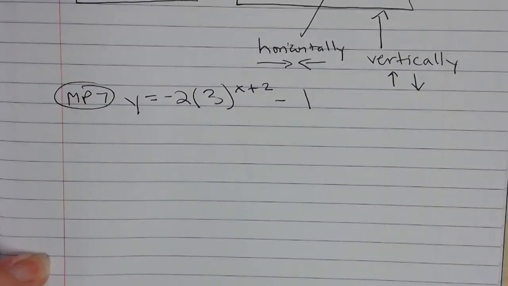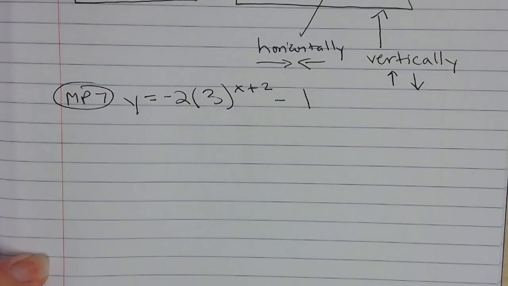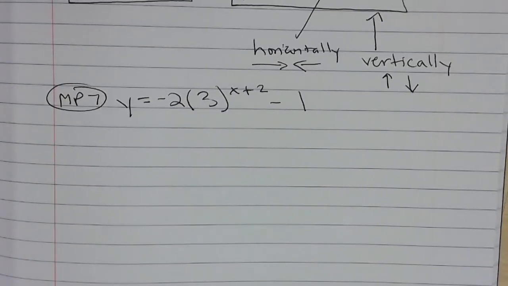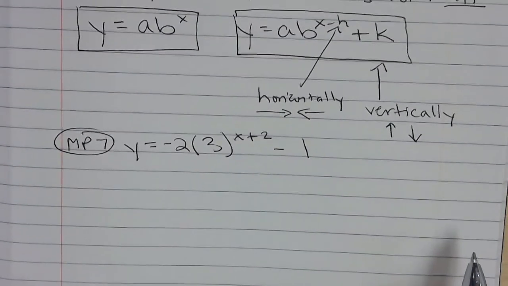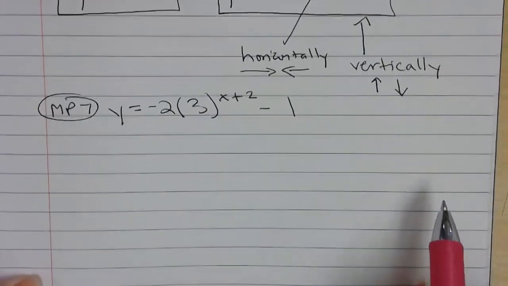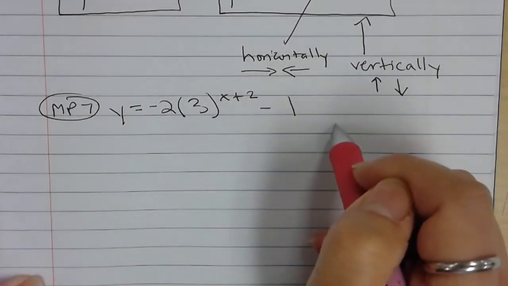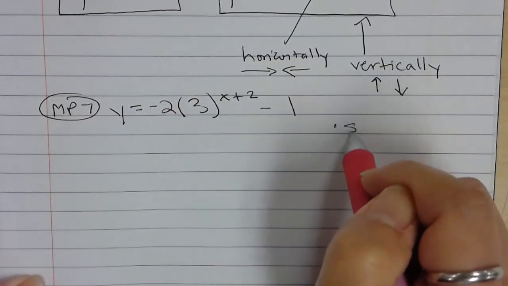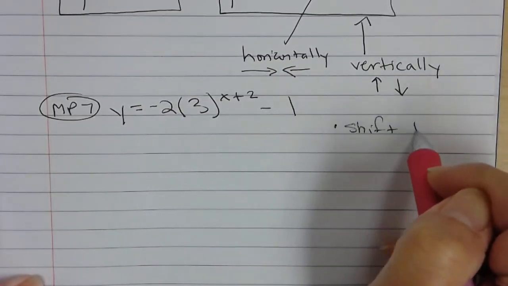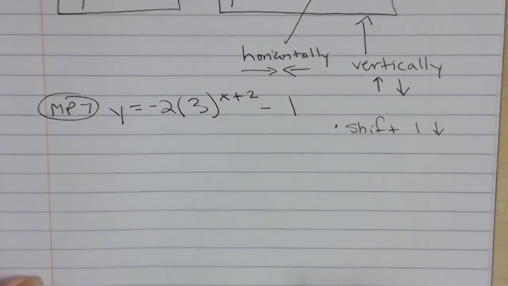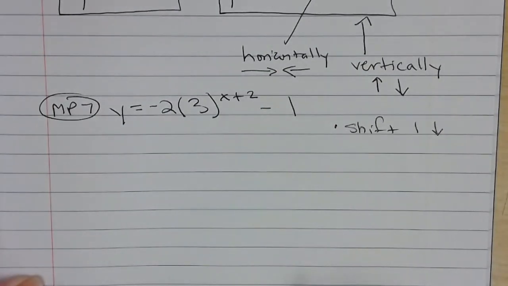So we're going to do monitoring progress 7, just looking at it algebraically. What number is in my k position? Negative 1. So just by looking at this, this graph is going to shift 1 unit down. Very good. So that's k.